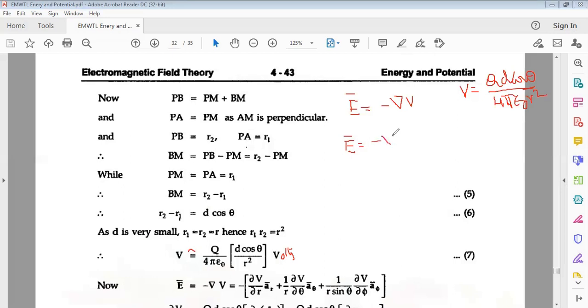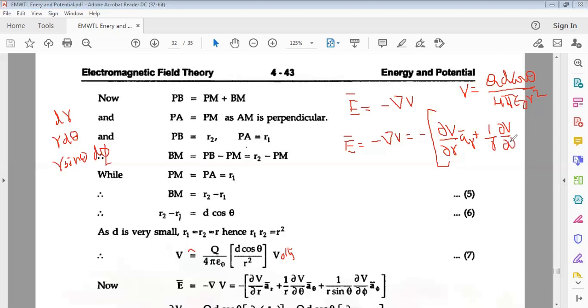Minus del V is equal to minus of dou V by dou R into a R bar plus, because the differential elements are dr, R into d theta, R sin theta into d phi, the second term is 1 by R into dou V by dou theta, a theta bar.